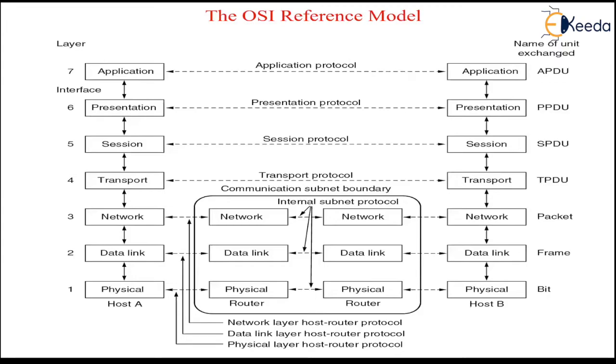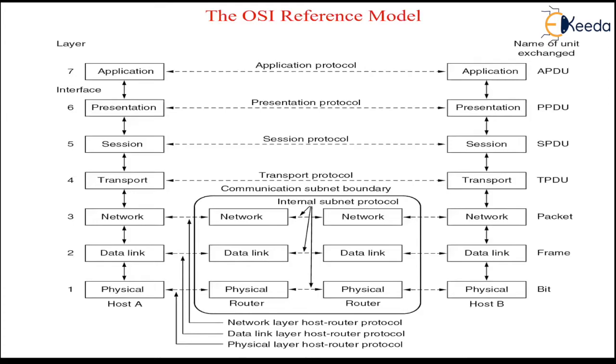Other responsibilities of the transport layer include service point addressing. Computers often run several programs at the same time. For this reason, source to destination delivery means delivery not only from one computer to the next, but also from a specific process, that is the running program on one computer, to the specific process on another computer.